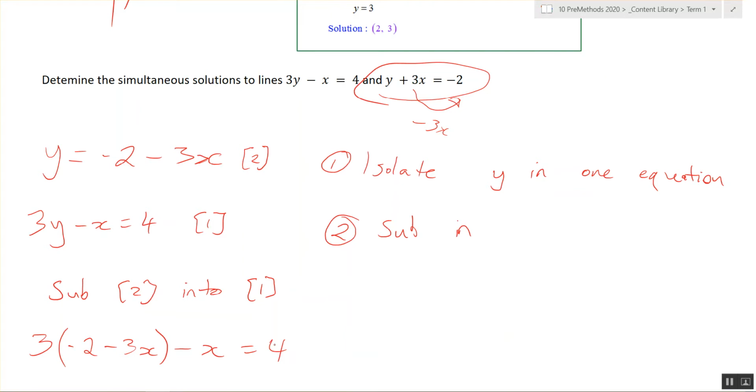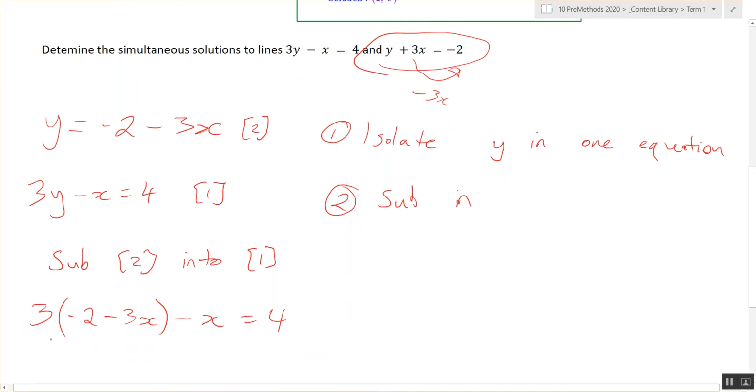Now, how many variables do I have in that new equation? 1, so I can solve, can't I, for that? Yeah? So remember your order of operation, what should I do first? Let's do the brackets. 3 times negative 2 is 3 times negative 3x, negative 9x, take x equals 4.